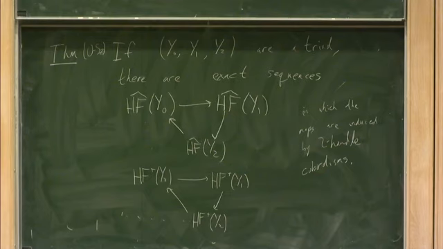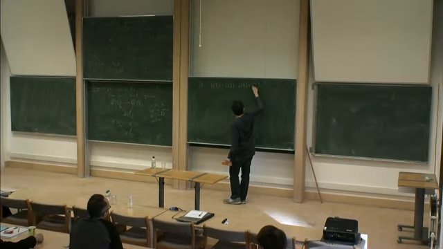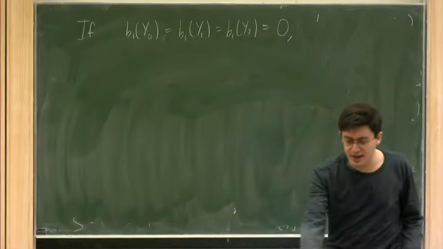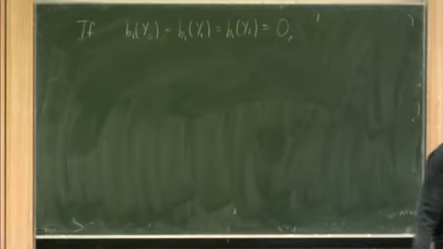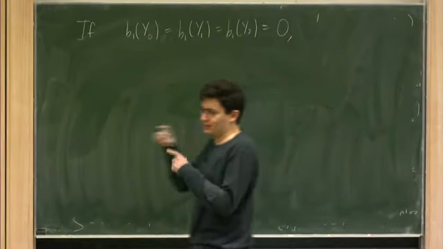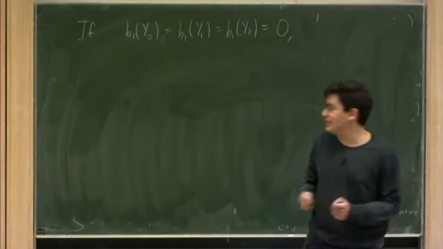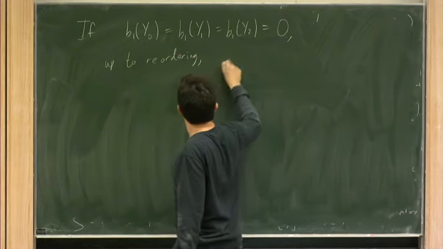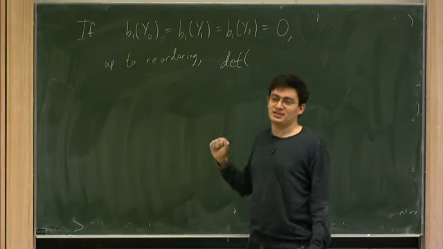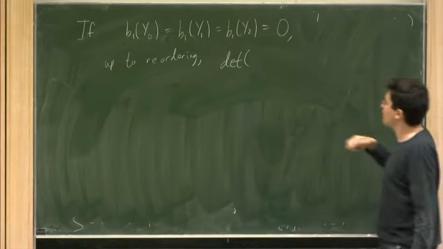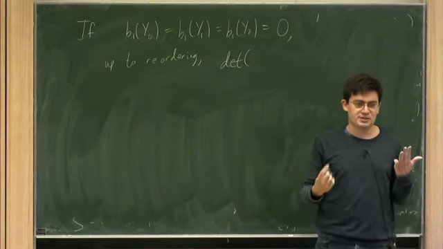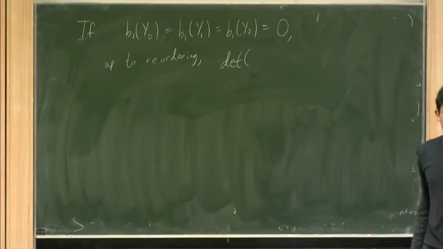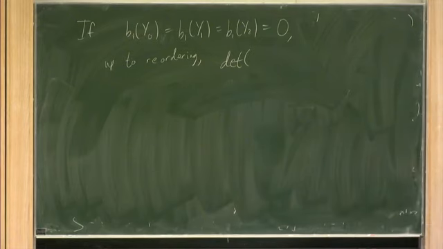So if B1 of all of these are 0, if all of these are rational homology spheres, then it turns out that if you do a little bit of fiddling with homology computations, then up to reordering, the first homology groups are all finite, and the order of one of them is equal to the sum of the other 2.